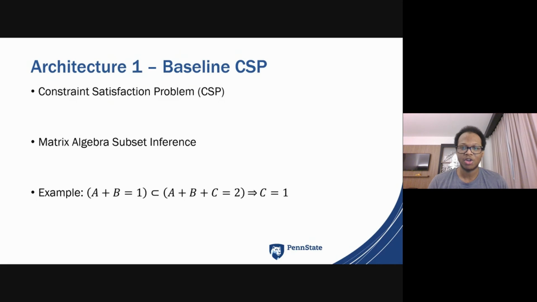It algebraically subtracts the cell arrays and the mine counts. 2 minus 1 equals 1, leaving only variable C. The agent deduces immediately that cell C must equal 1, meaning it is a guaranteed mine, and flags it. It iterates this logic recursively, cascading across the board until no further mathematical guarantees can be made.